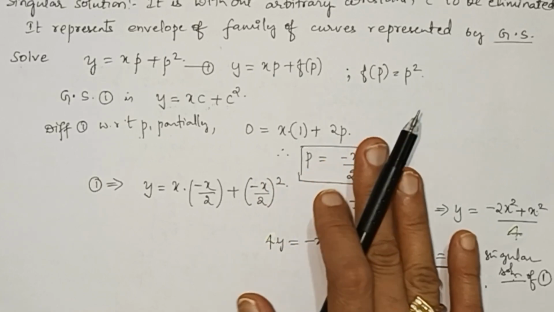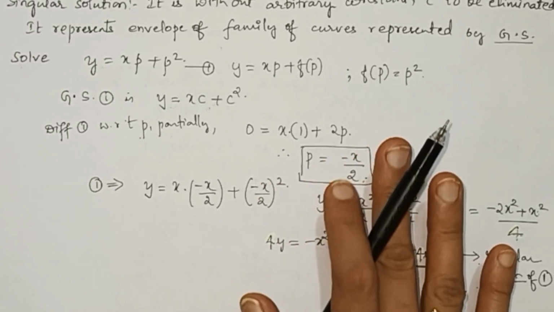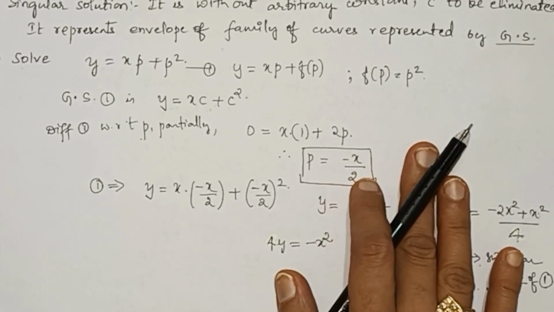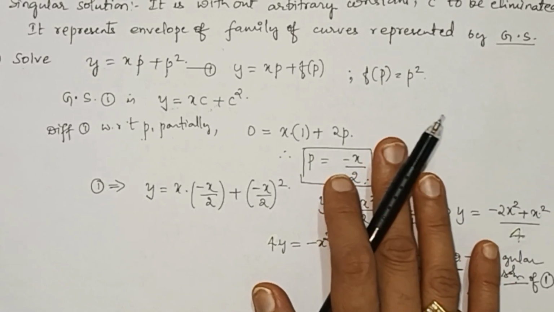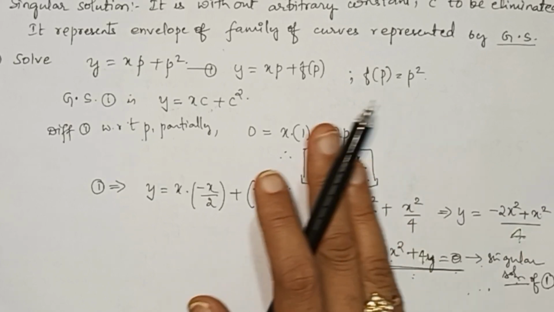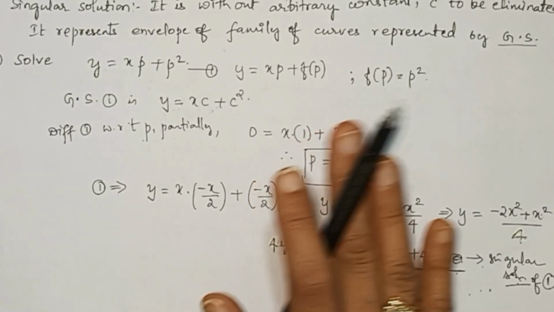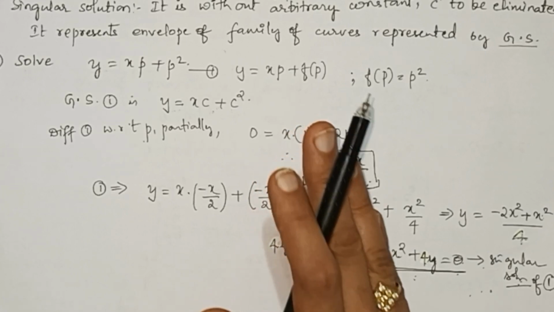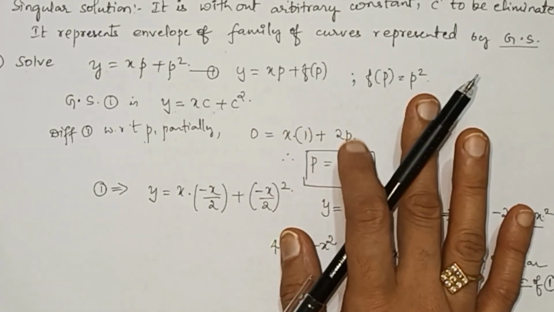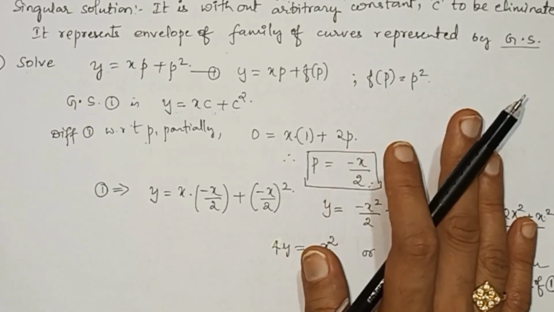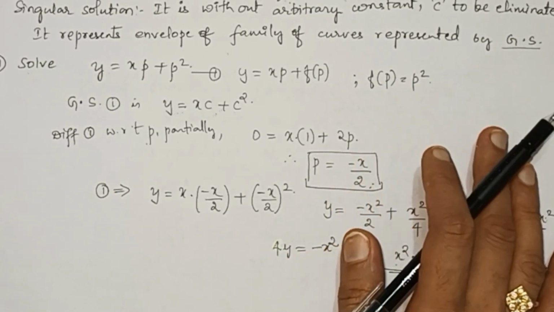Therefore, totally there are 4 basic types of first order nonlinear differential equations. The first type is equation solvable for p, means the left hand side can be factorized for p. If the left hand side cannot be factorized, in that case you have three options: equation solvable for x, solvable for y, and Clairaut's equation.